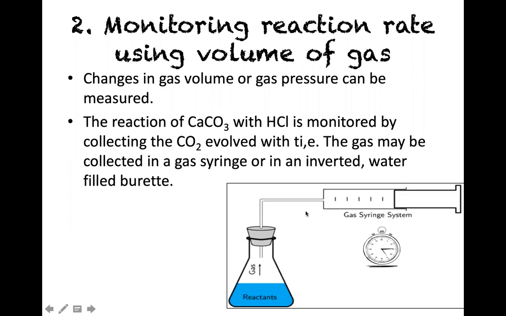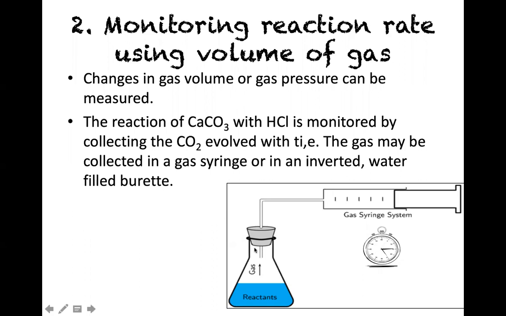So you just record the increase in volume in the syringe or measuring cylinder if you're using the water displacement. You record the volume of gas that you produce over time. So from here you can find the rate, okay? This is an example of a reaction of a carbonate with acid where you form salt, water, and carbon dioxide. Okay, this also works with reaction of metal with acid.